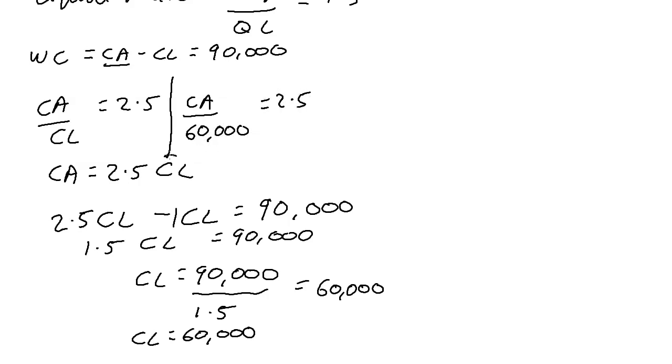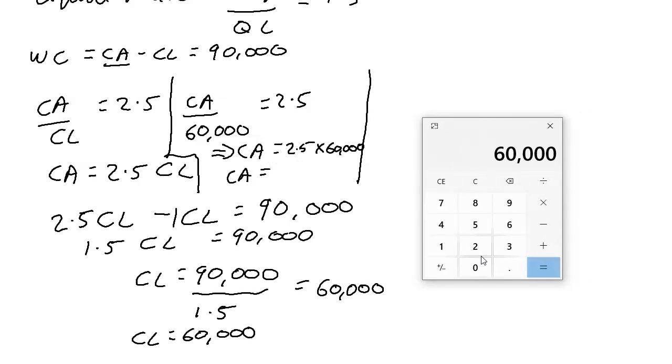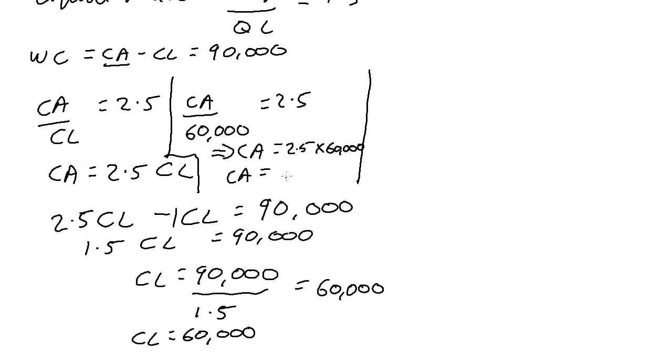That would imply that current assets is equal to 2.5 into 60,000, and therefore current assets is equal to 60,000 into 2.5, which gives us 1,50,000.